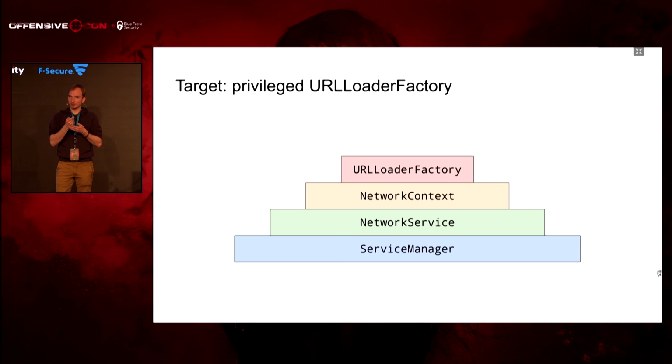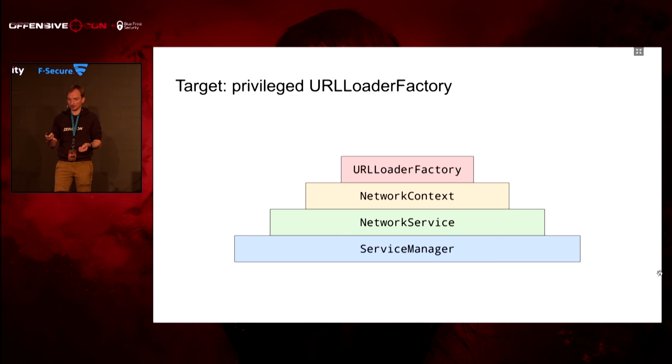You can probably trigger an access from the browser to the privileged URL loader factory somehow, but then it will probably make a network request, which will be slow. But if you look at the network context, leaking a connection to the network context allows you to create new URL loader factories, so we can create our own privileged URL loader factory if we leak that one.